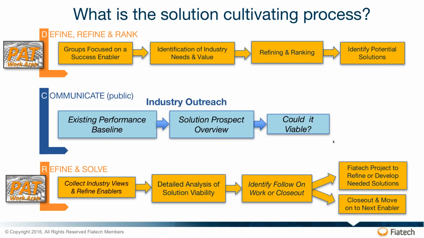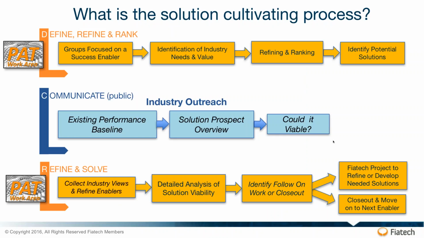Okay, so to help people understand the cultivation process for how you find solutions to success enablers, there are really 2 different sides of this coin. There's the outward-facing, public-facing side of this whole process, and then there's the internal one.